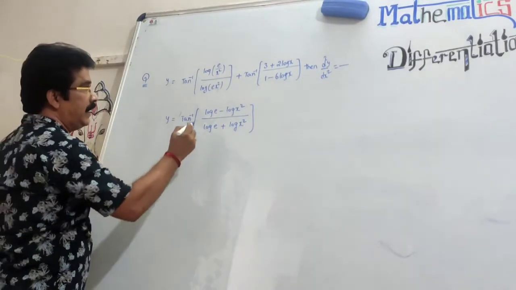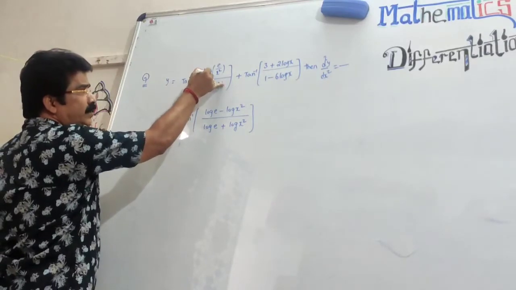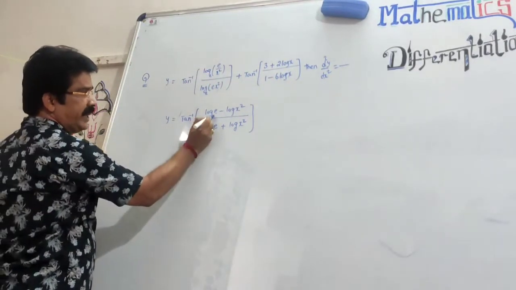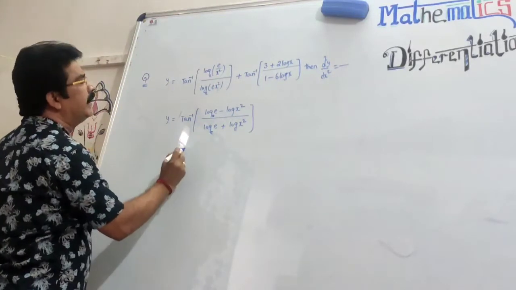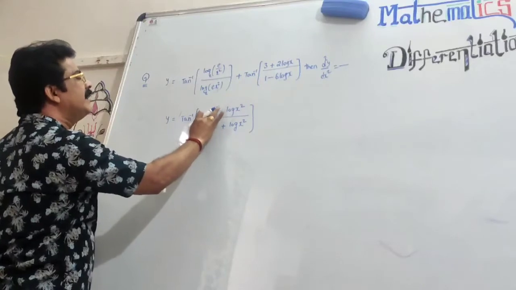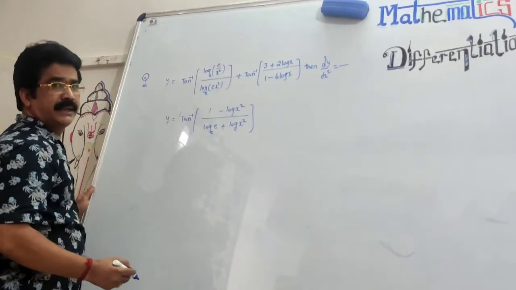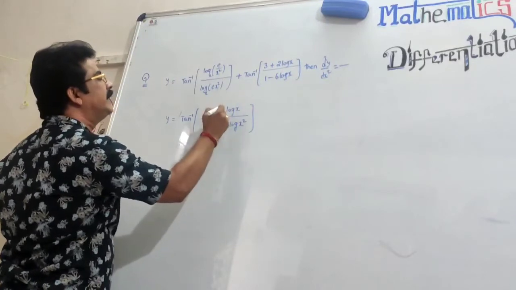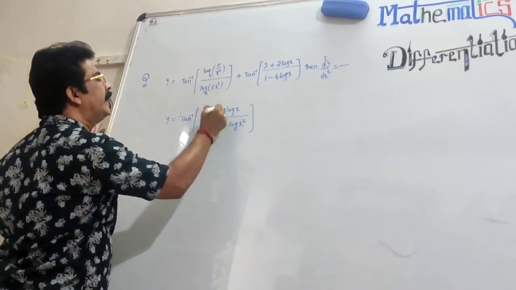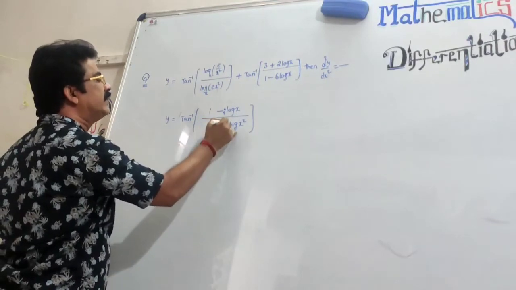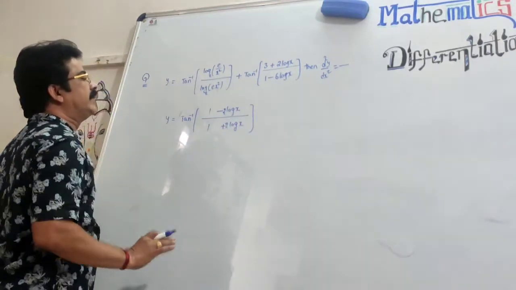Okay, next. Actually, it is to be understood that the base is e. So log e base e is 1. Next, logarithm of x power m is equal to m into log x. So therefore it is 1 plus 2 log x.